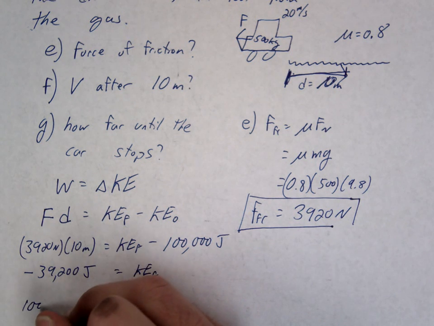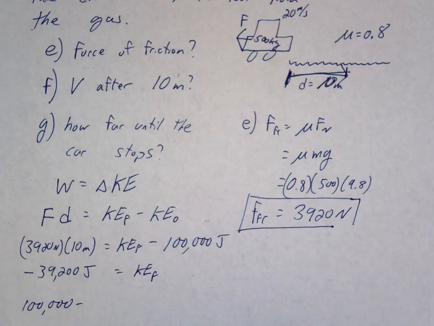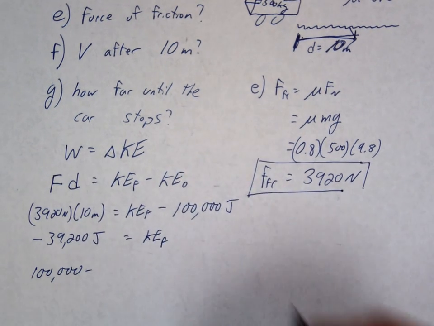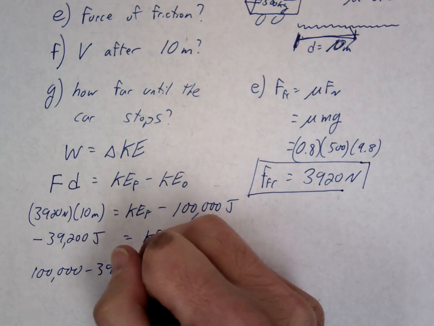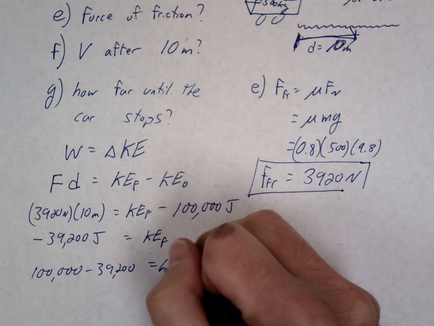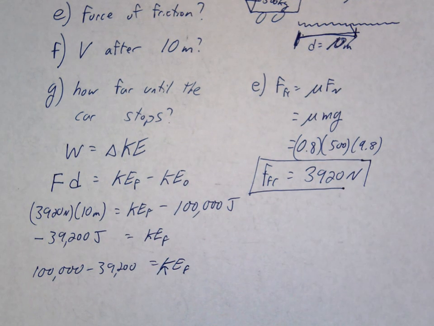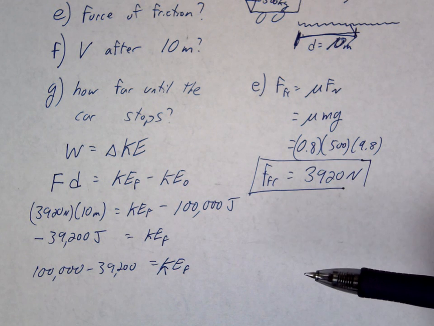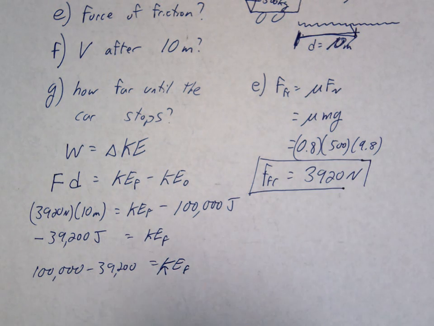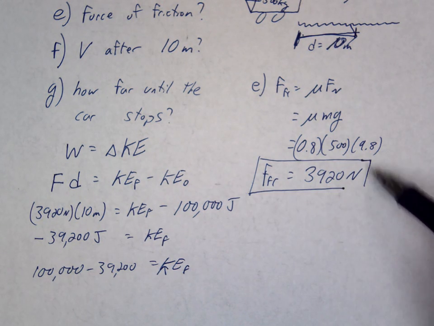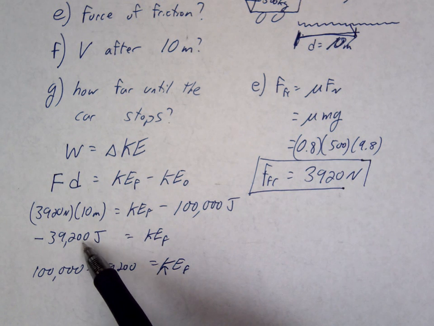So we have 100,000 minus the 39,200, right? That should be our final kinetic. So conceptually what's going on is our car had 100,000. We took away, through friction, 39,200.